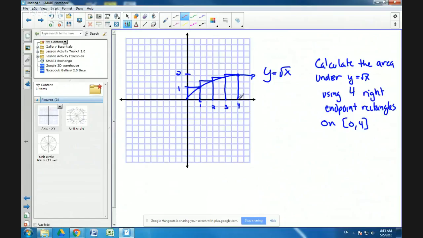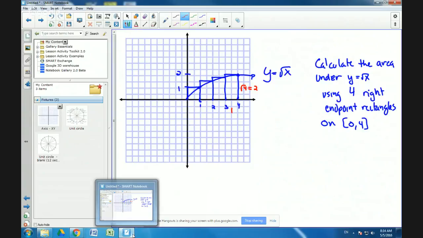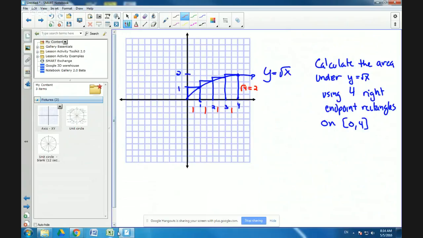How tall is this rectangle? Yeah, square root of 4, right? Because that's the function, it's the square root of x, which is 2, right? How wide is it? 3 to 4 is 1 unit. Thank you, Dominic, for that. In fact, all of these are 1 unit wide, correct?